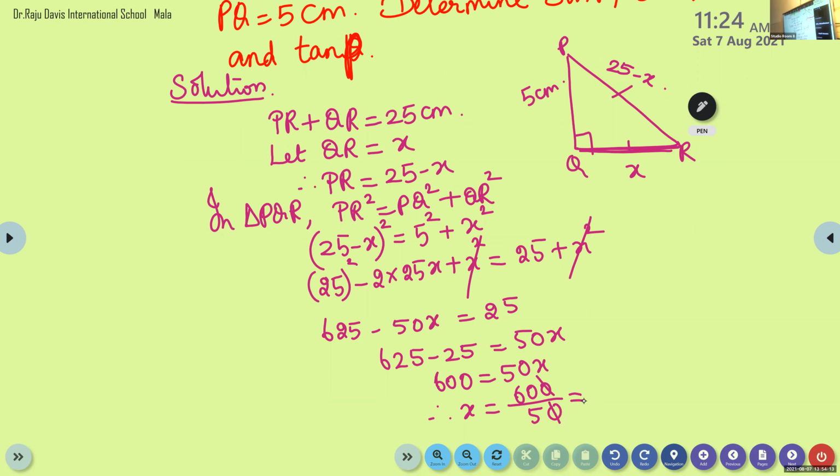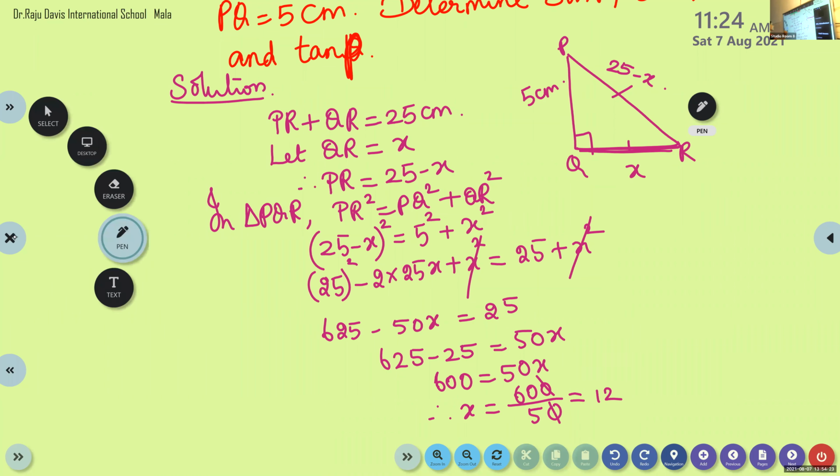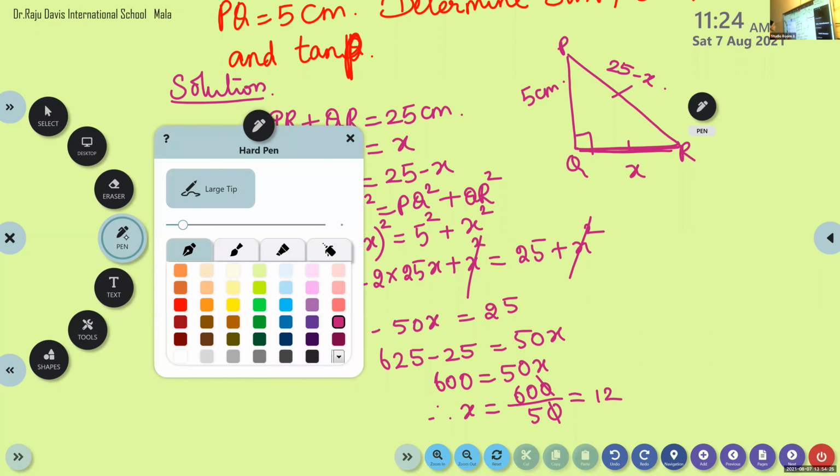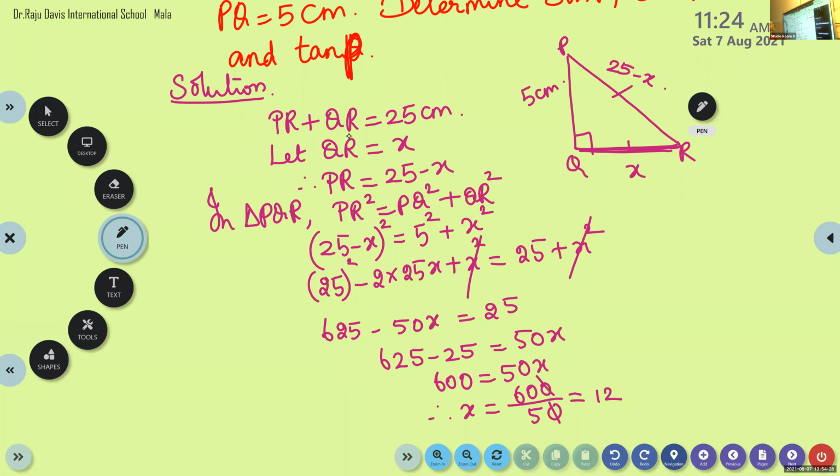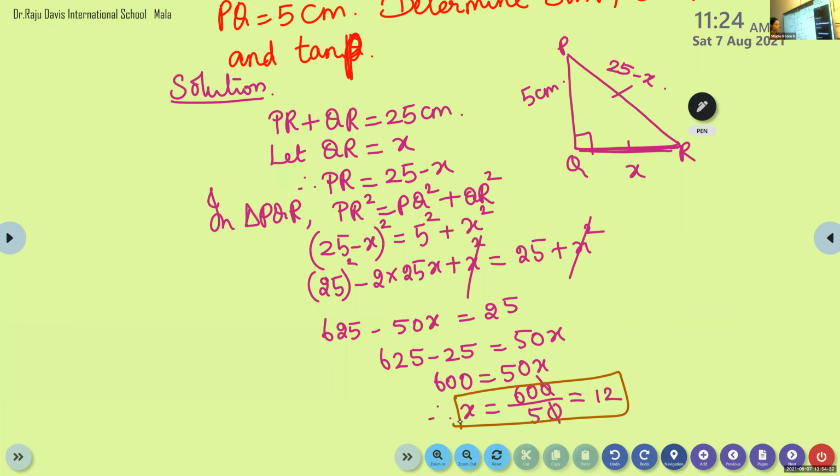What is 60 by 5? 12. So X is 12. So if X is 12, one side is 12, the other side will be 13.